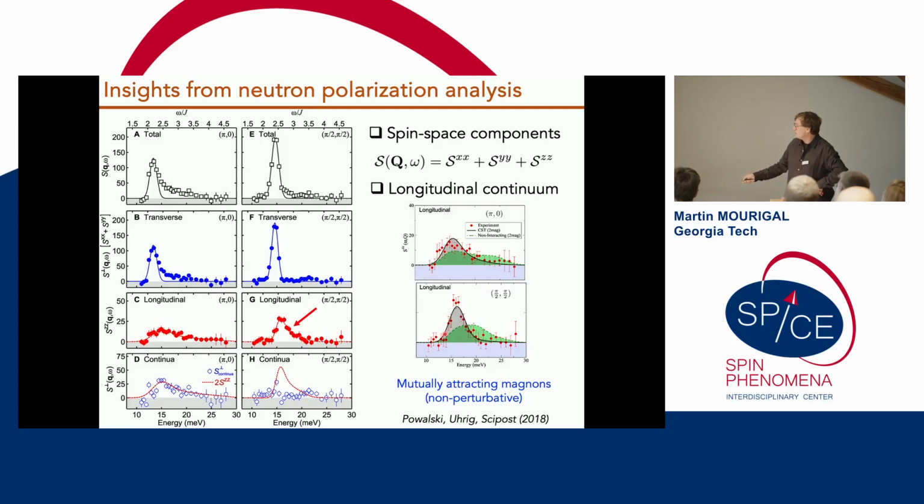Here is the pi/2 point. The green line is what you would expect from non-interacting magnons, and when you do this non-perturbative calculation, a peak emerges in the continuum. These line shapes are a signature of how magnons interact at high energy, and here it seems to be effectively mutually attracting magnons.